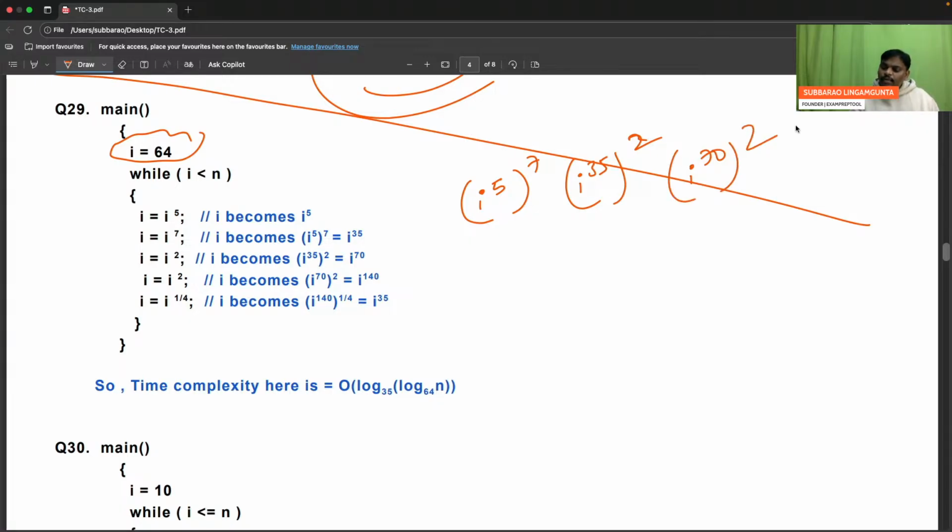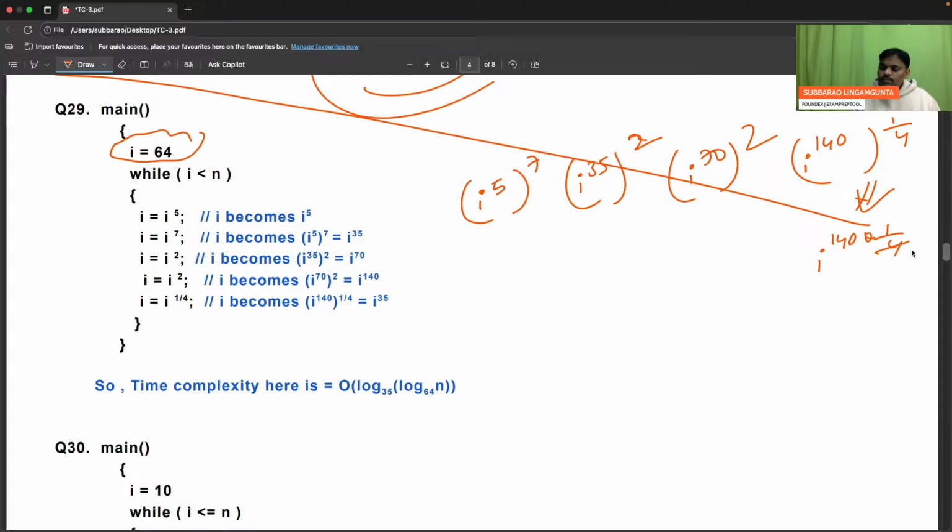It became I power 140. Understand everyone. Whatever you have, whole power 1 by 4, which is nothing but a power m whole power n, a power mn. So it became I power 140 into 1 by 4.